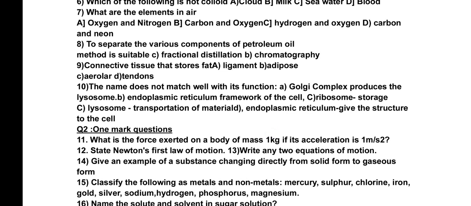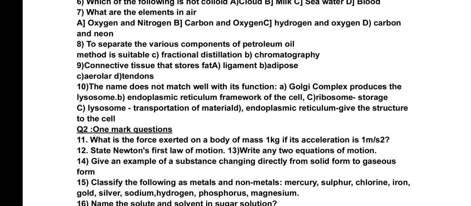Now let us see, 7th question is, what are the elements in air? Air has nitrogen, oxygen and other gases like carbon dioxide, neon and the water vapor mainly. So here if we check, oxygen and nitrogen is there, that is the correct answer.